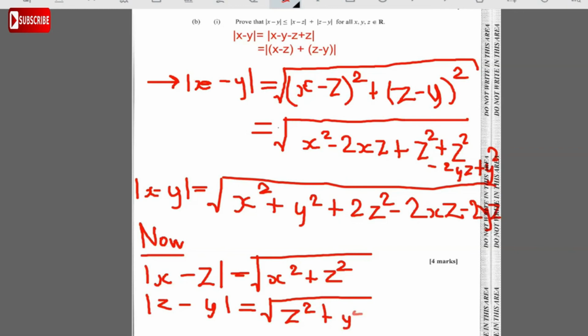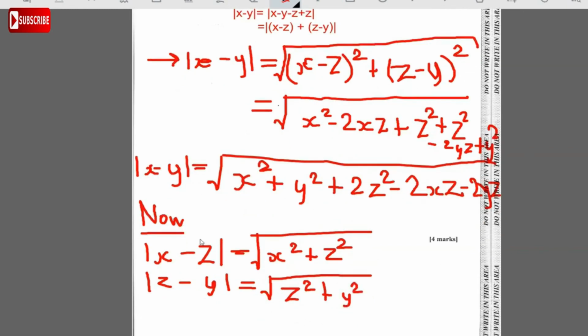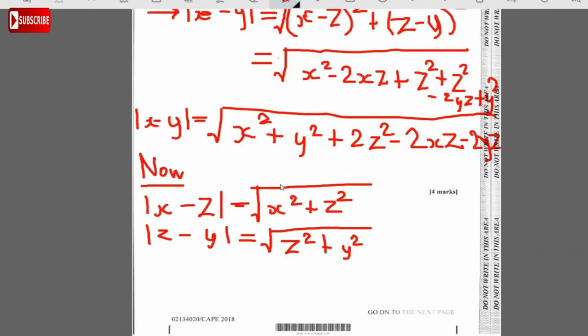All right, clearly the sum of these two must be greater than this. It has to be. Why does it have to be? This has some subtracting in. This is going to be greater than this.